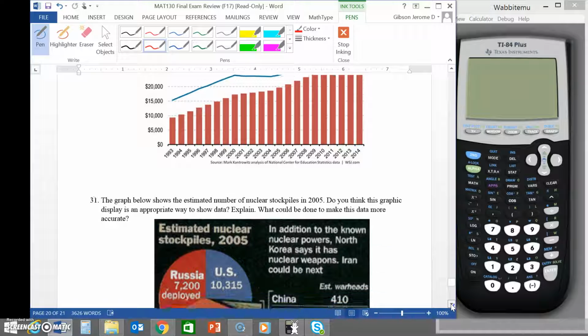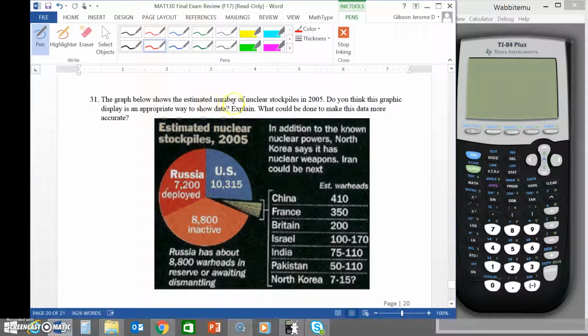Okay, now, it says the graph below shows the estimated number of nuclear stockpiles in 2005. Do you think this graphic display is an appropriate way to show data? Explain. What could be done to make this data more accurate? If you look here, it says basically that the United States has 10,315.